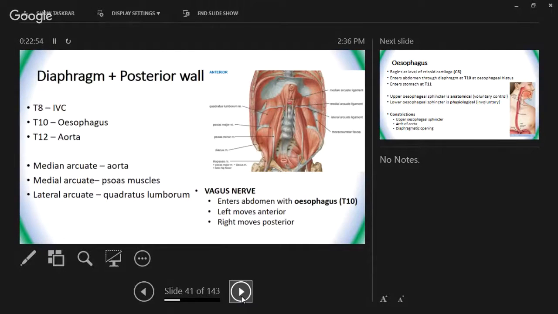The medial is the psoas muscles, and the lateral ligament is quadratus lumborum. I think Dr. gave the lecture on that. And then the vagus nerve. So important things enter the abdomen with the esophagus, at the T10 level. And then the left moves anterior and the right moves posterior. Cool.